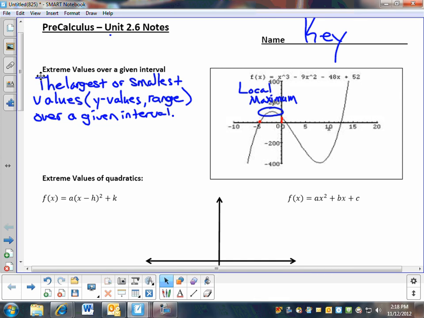Similarly, we have what we would call a local minimum. And that would be the smallest value within a given interval. So if you look anywhere just to the left or anywhere just to the right, over that given interval, 5 to 10, you can tell that that's going to be the smallest y value that the function can output.